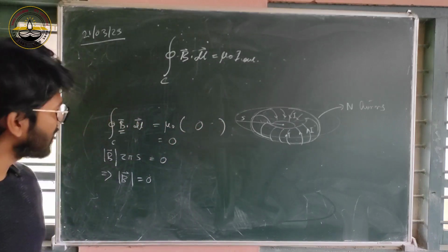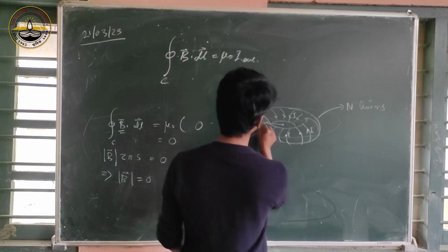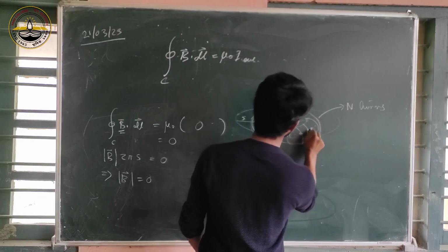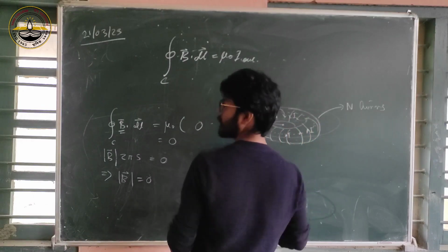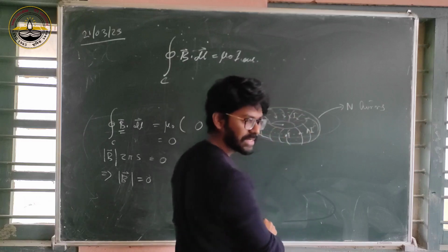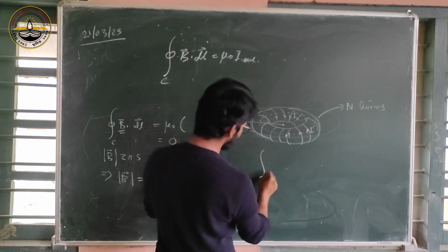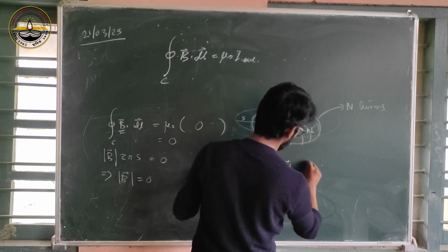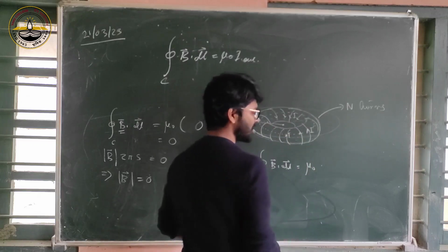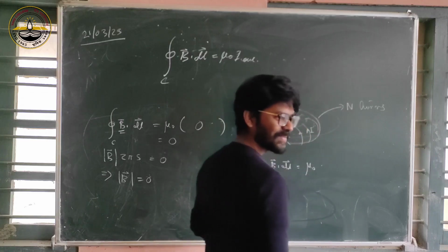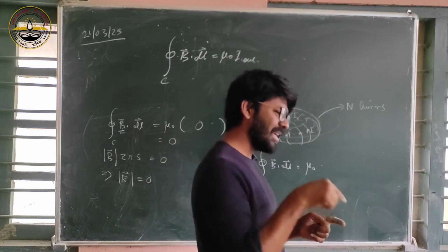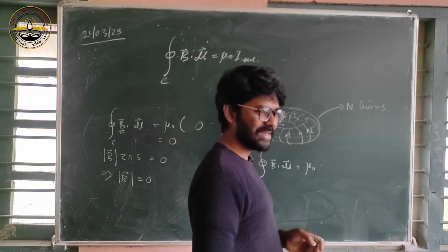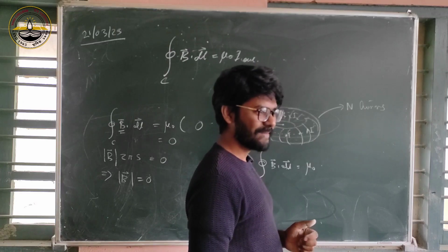Now for the inside, we can take another loop that passes through inside. Once again, the same: B dot dl equal to mu naught times the current. Now how much current is going inside, and how many times?